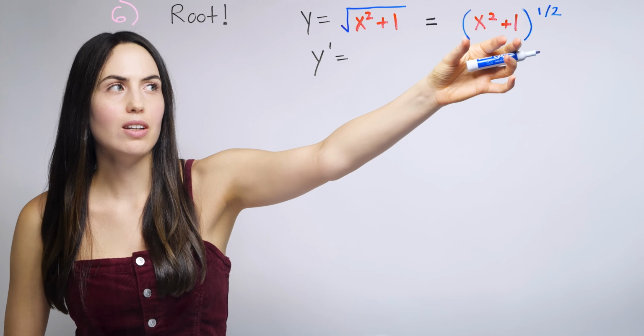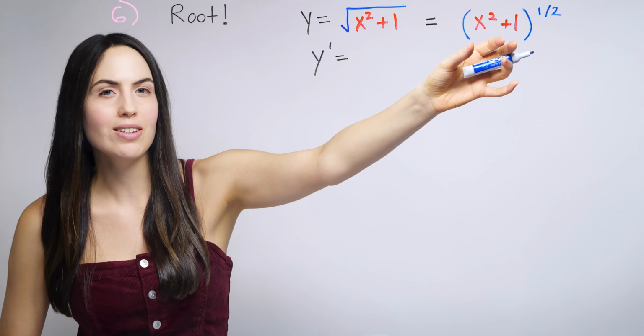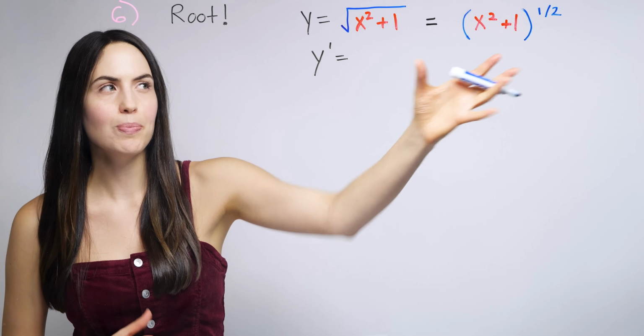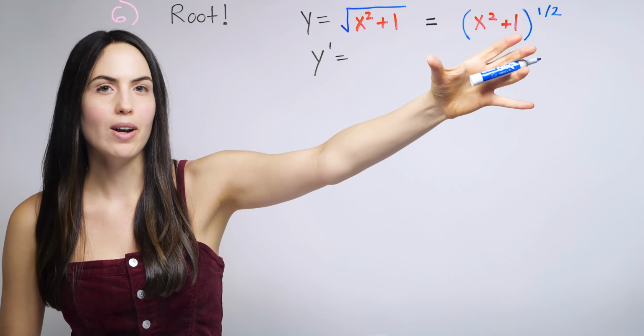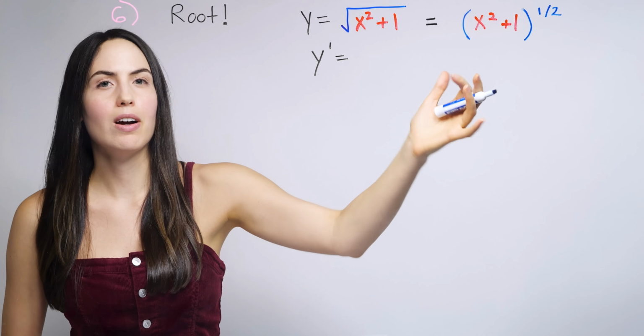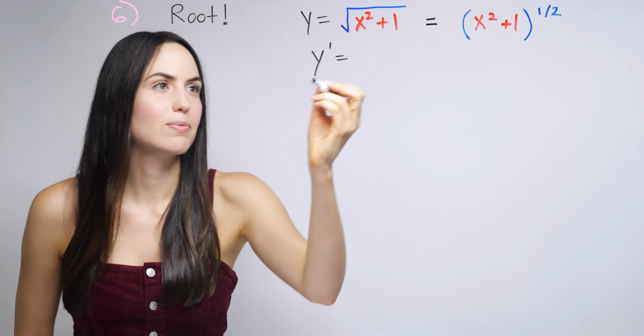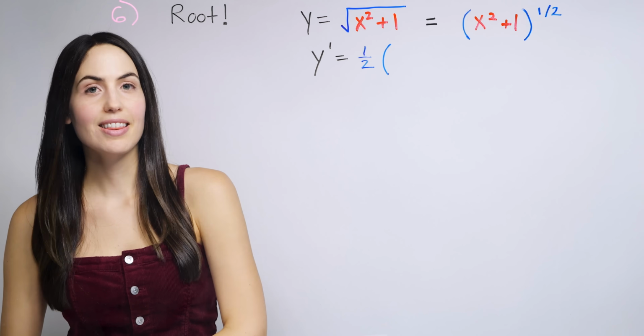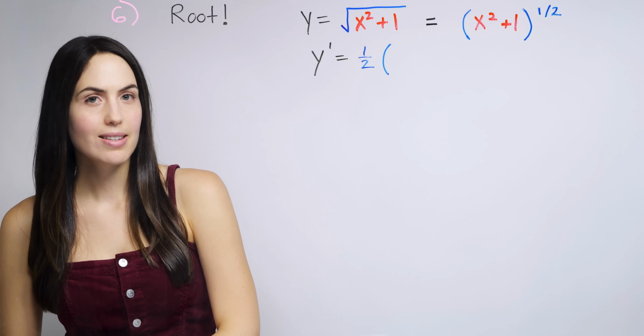Our inside function is x squared plus 1, something more than just x, so we need the chain rule. To take the derivative of the outer 1/2 power, we'll use the power rule and bring down the 1/2 power to the front. Like that, and leave the inside function the same here.